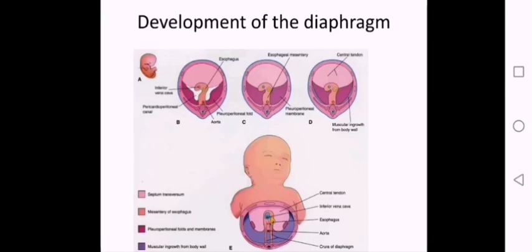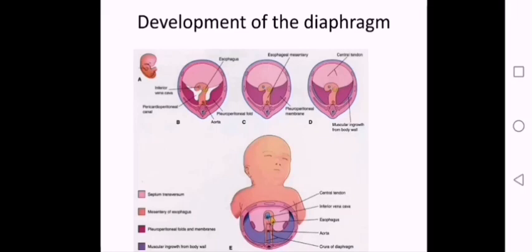As we know, the diaphragm is a dome-shaped musculo-tendinous partition that separates the thoracic and the abdominal cavities. It develops from 4 embryonic components. The first one is the septum transversum.